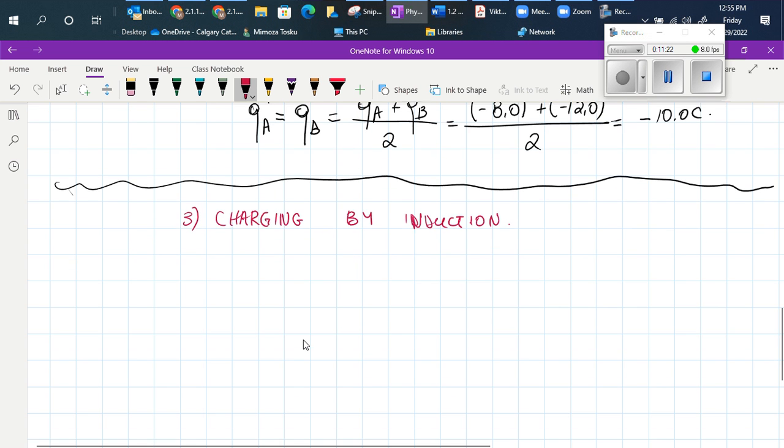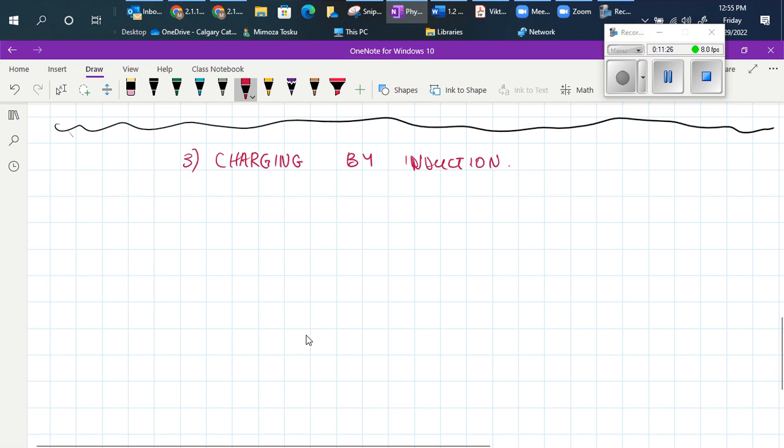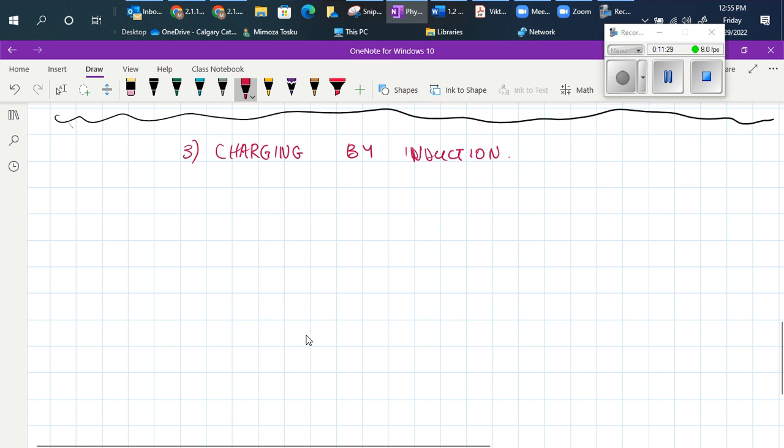In the explanation and the content, you see videos there. However, let's deal with charging by induction as it happens in the electroscope. First of all, the electroscope looks something like this. You have a knob, which is a conducting material, and within the knob it ends up with two gold leaves.